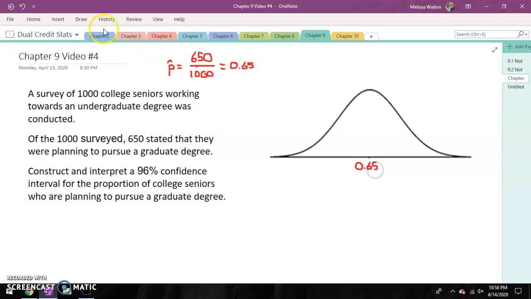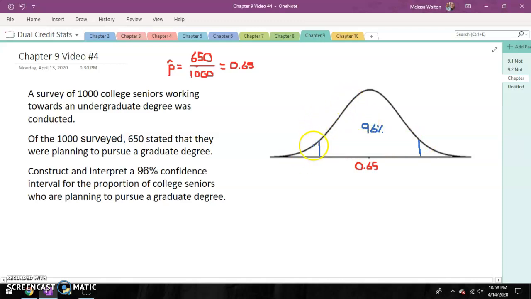Now let's talk about what we want our confidence to be. Kind of a weird one here, 96% confidence. We'll go with it. Let's talk about how much is left for my tails, and then we'll find those critical z-scores.